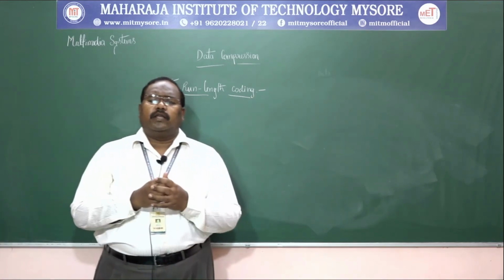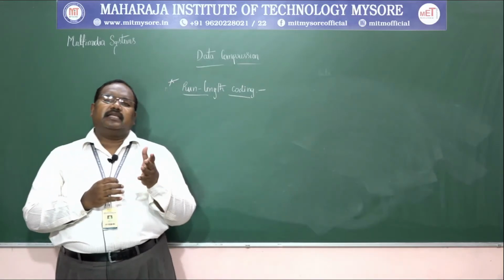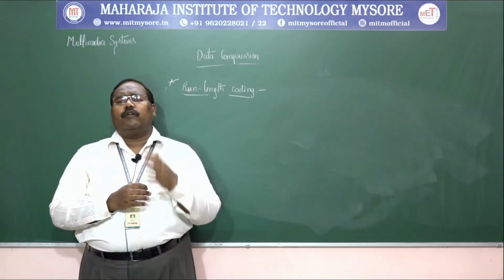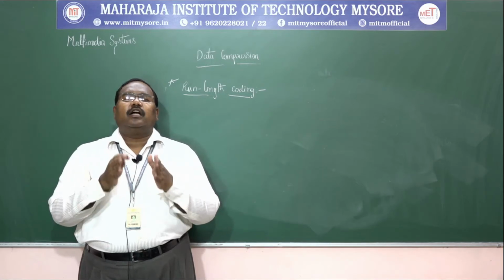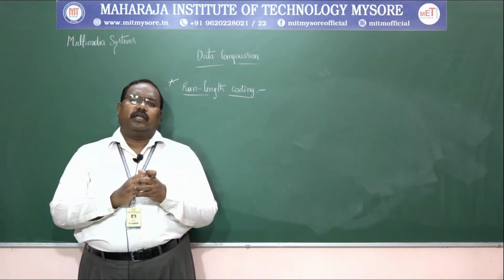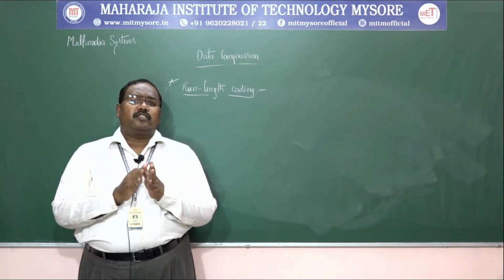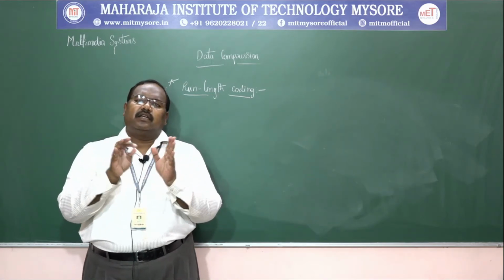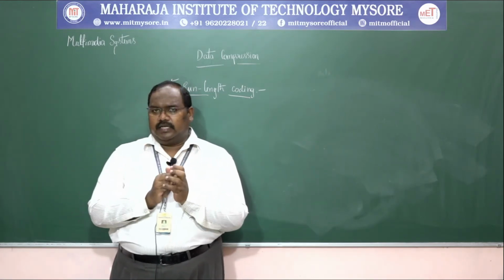What is run length coding? It is a category that lies under entropy coding. When we talk about entropy coding, it is a lossless coding. There is a difference between lossy and lossless. Here there is no loss, or very little loss, of data.